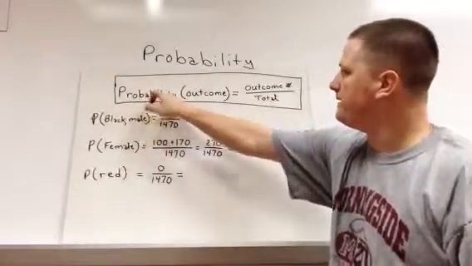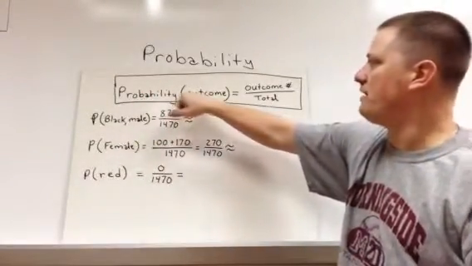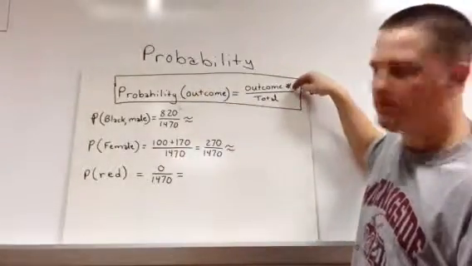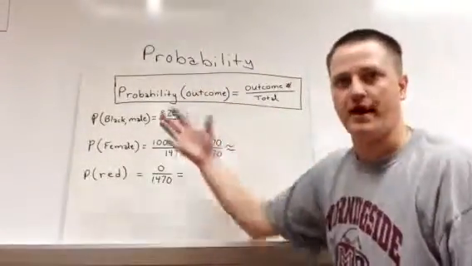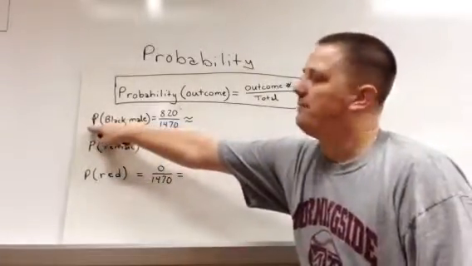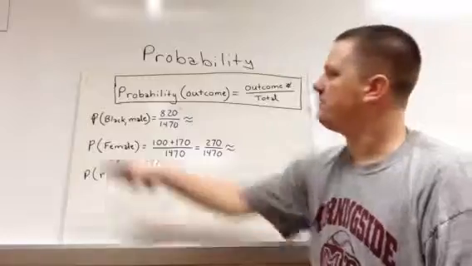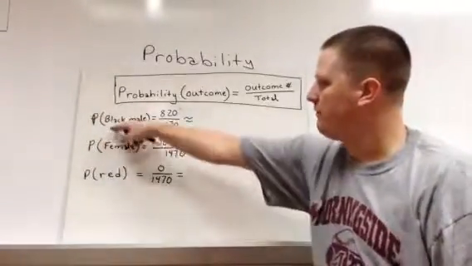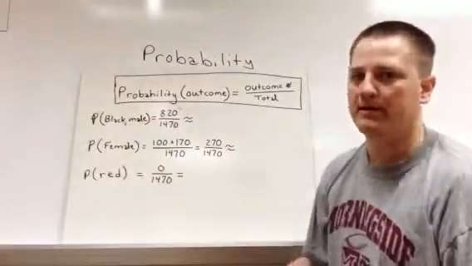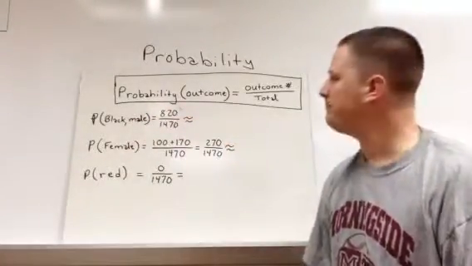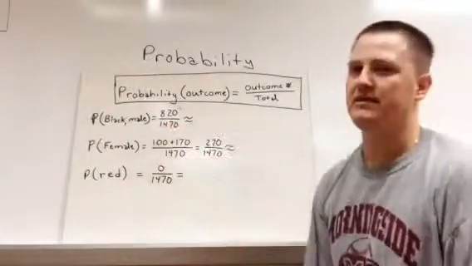We have probability, and then the desired outcome is in parentheses, and then we just put the outcome number over the total. So I have three situations here. We have probability, which we usually abbreviate as just P, and then inside the parentheses we put the outcome that was desired. We wanted black males. Based off of that, we had 820 from our data set before, and we had 1470 as a total.